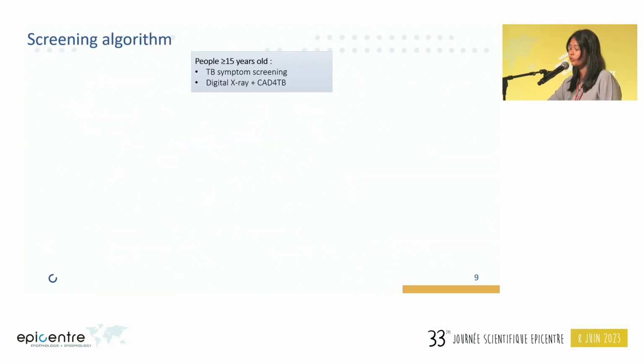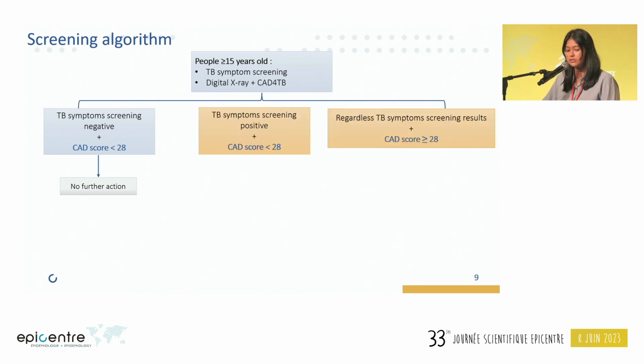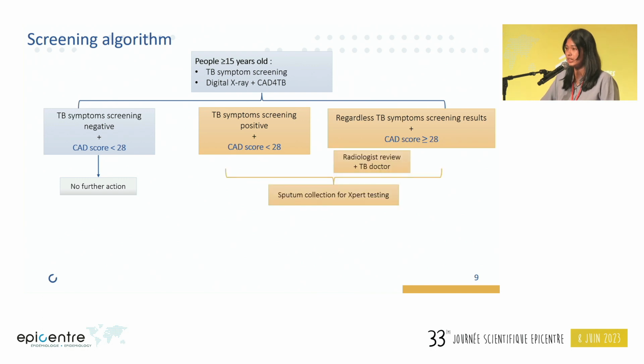So for an overview of the screening algorithm that we do, the participants undergo TB symptom screening as well as a digital X-ray with CAD. If they have no symptoms and their CAD score is below the threshold of 28, no further action is taken. If it is a positive symptom screen with a score below 28, or if their CAD score is above the threshold of 28, regardless of their symptom screen, they are sent for GeneXpert testing through sputum collection on site.